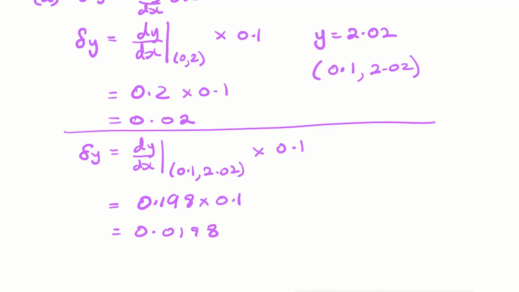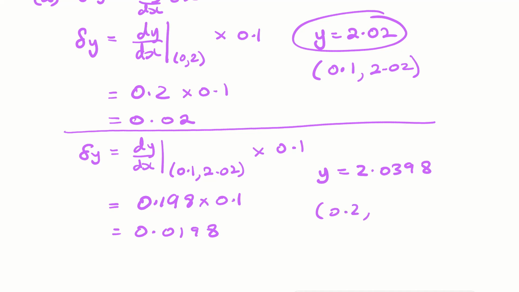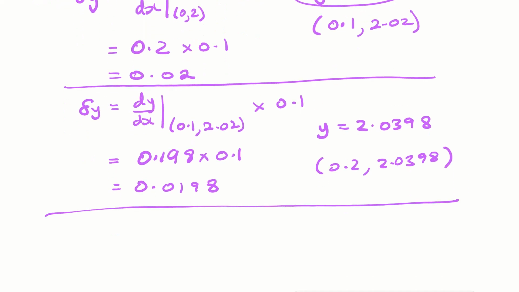Add that onto the previous value of y, gives us 2.0398. So we're now at the point (0.2, 2.0398). And we're going to just repeat those steps.